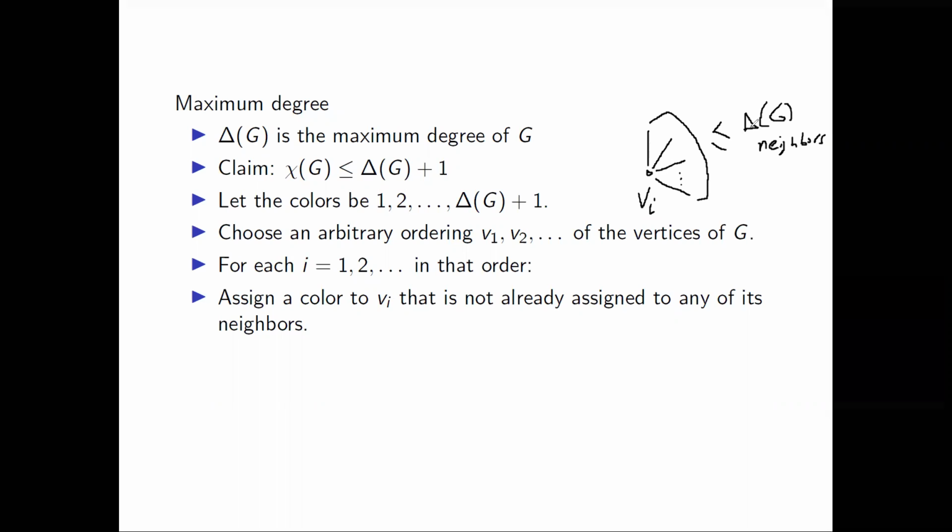So we know since there's at most delta G neighbors and there's delta G plus 1 colors, even if all of the neighbors of Vi have already been assigned a color, at most delta G colors have been used so far among the neighbors of Vi. So among these neighbors of Vi, since there's only at most the maximum degree of them, at most the maximum degree of these colors have been used among these neighbors.